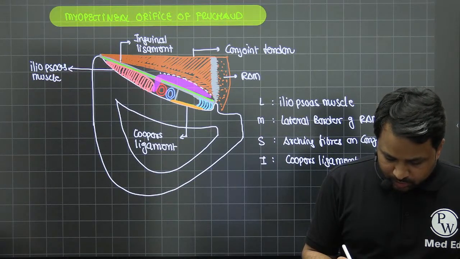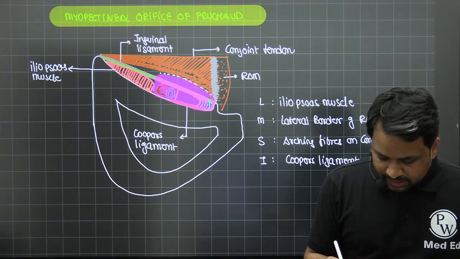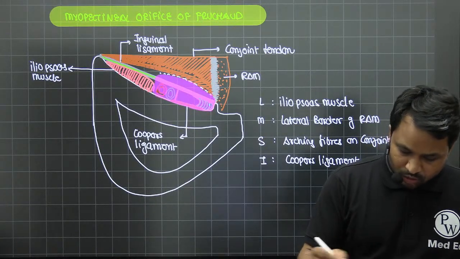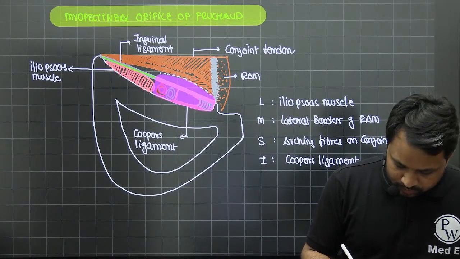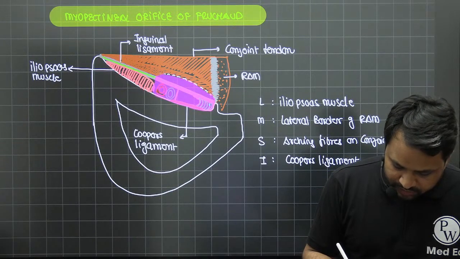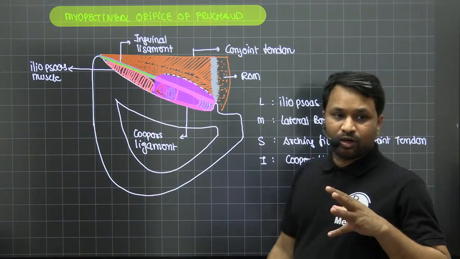Lateral is going to be iliopsoas, inferior is going to be Cooper's ligament, medial is going to be rectus abdominis muscle. So this area that I'm shading, this is what we call the myopectineal orifice of Fruchaud.